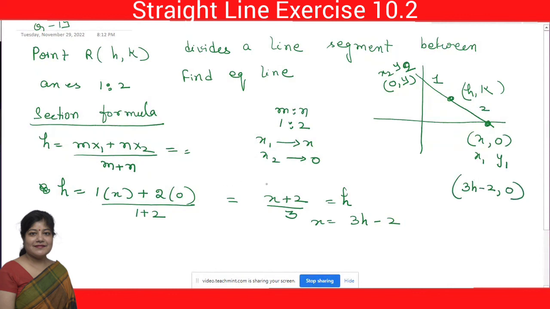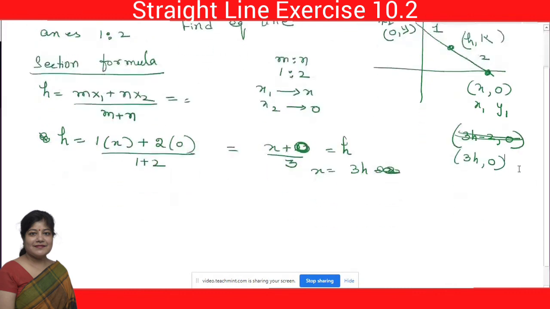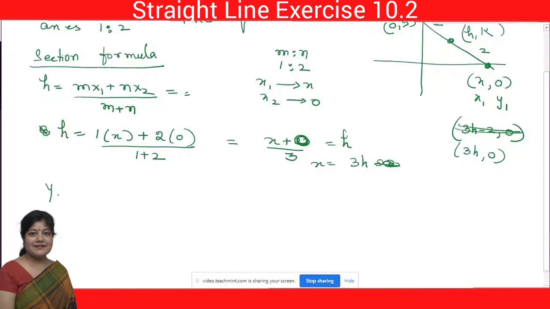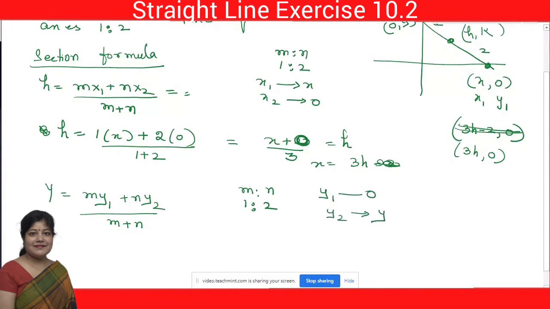Sorry, this is 3h. So the point is 3h comma 0. Now for the y, (m y2 plus n y1) over (m plus n). Now m is to n, 1 is to 2. Y1 is 0, y2 is y.